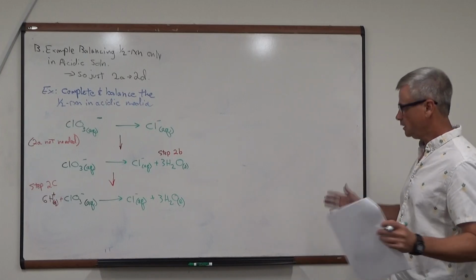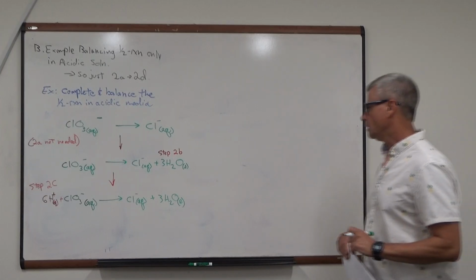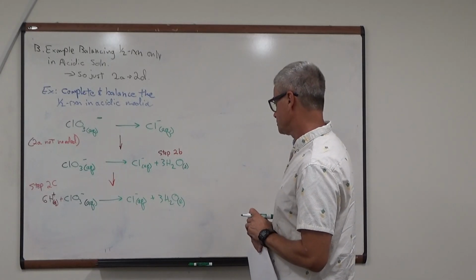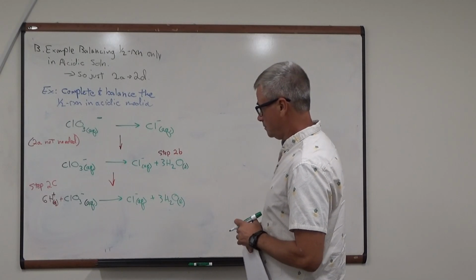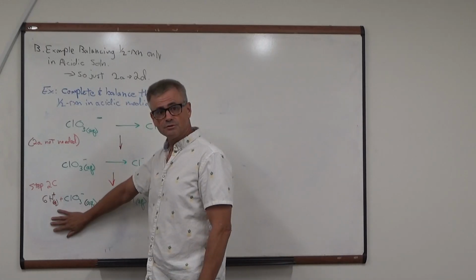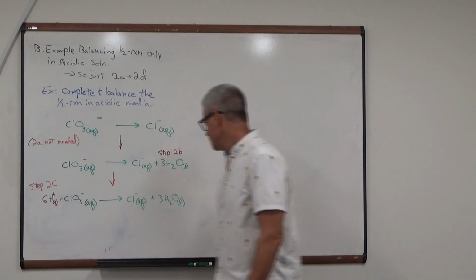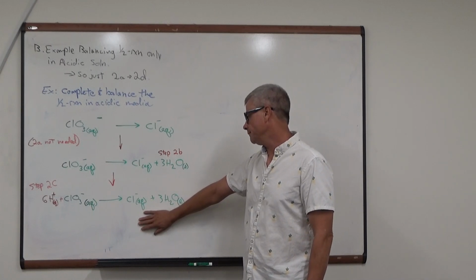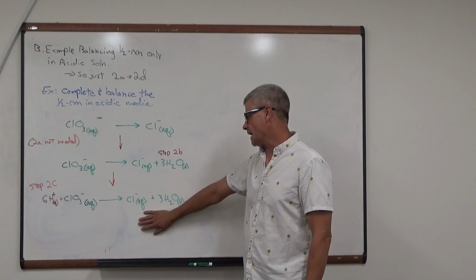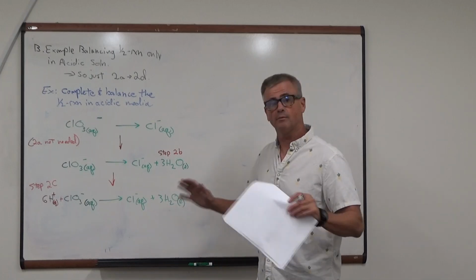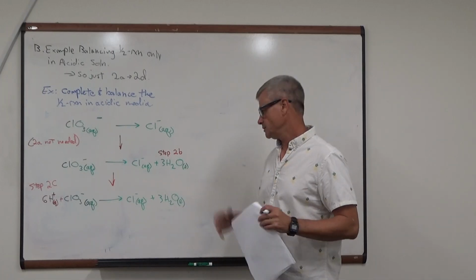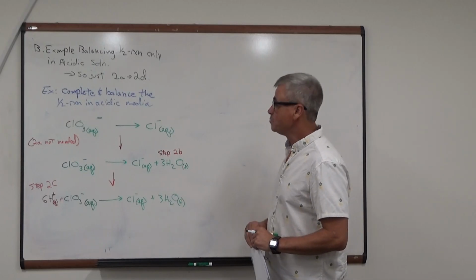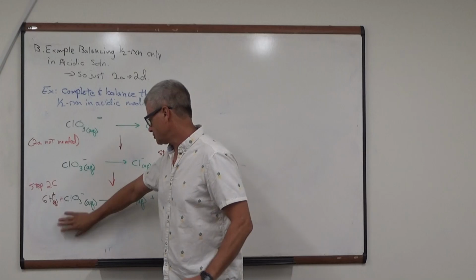All right, now our oxygens are balanced, our hydrogens are balanced. Now we need to balance charge. So on this side, the overall charge of the reaction is neutral, but on this side, it is -1. So we're going to need to add 1 electron. The only way we have to adjust the charge is to add electrons, and so the only way we can fix this imbalance in charge is by adding an electron to this side.